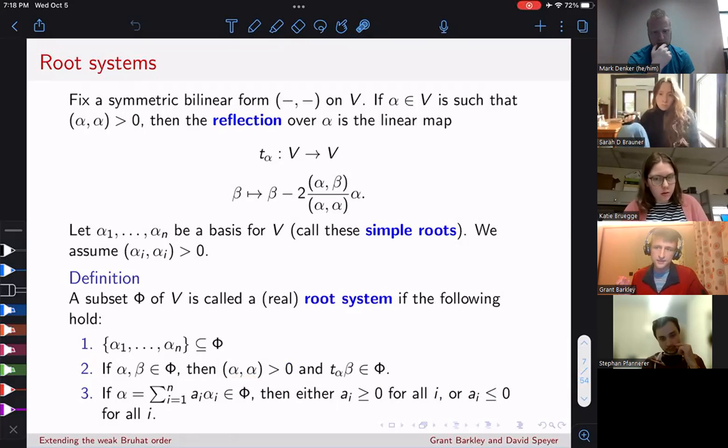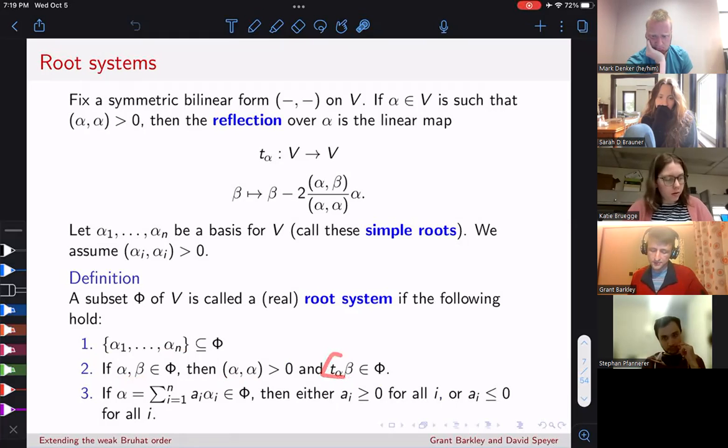If we have an inner product, that'll be true for any non-zero vector, so that condition is automatically satisfied. But eventually we'll want to look at things where this is not an inner product, where it's just bilinear, so we want to ask that this is always true. And then furthermore, if we take any two roots in our root system, and we reflect one root over the other, then we get a new root in the root system.